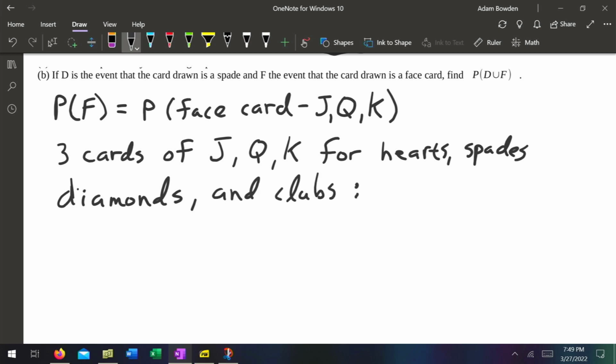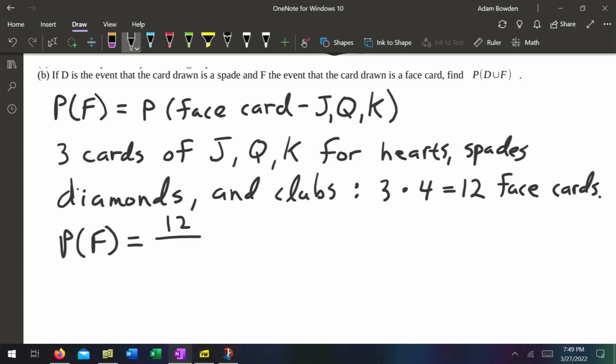So what that means is there are 3 times 4 equals 12 total face cards. And that's the total number of outcomes. So for the probability of a face card, there are 12 out of 52, or 12 divided by 52 for the probability.